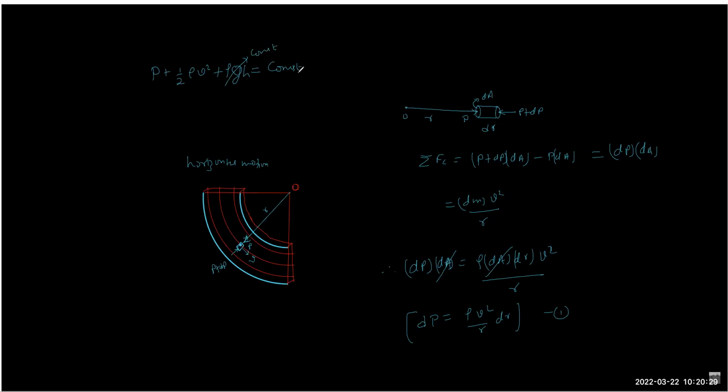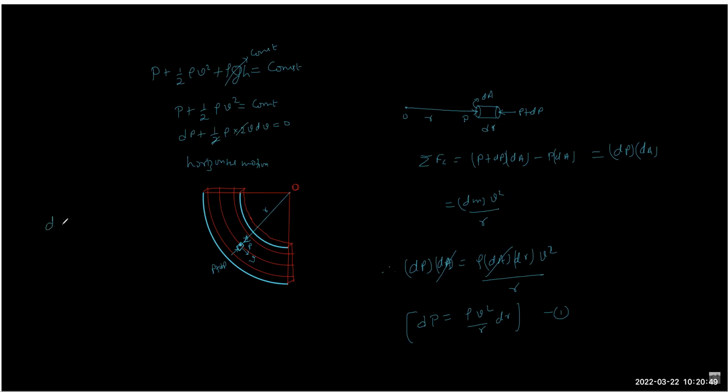So you can switch it to the other side, and now if you differentiate, you get dP plus half rho 2v dv equals 0.